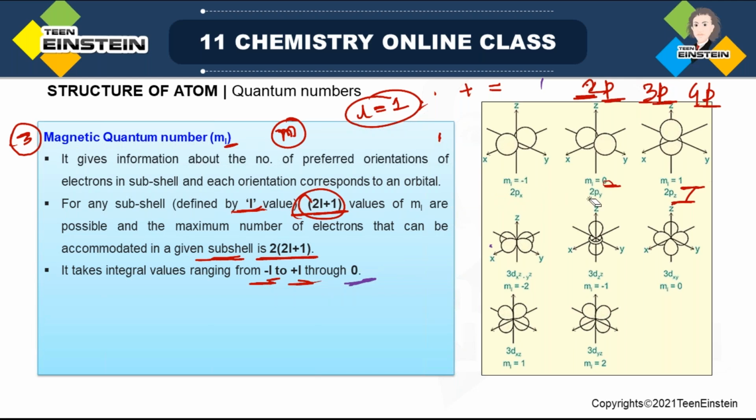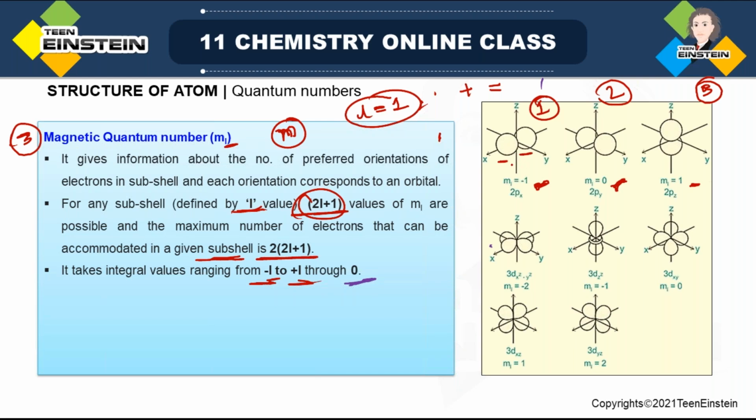Here we have chosen principal quantum number 2, but you can choose any. The only difference will be in the lobes that you are seeing. In case of 3p or 4p, the size will be higher. Here we are just interested in the preferred orientations, and there are a total of 3: minus 1, 0, and plus 1.